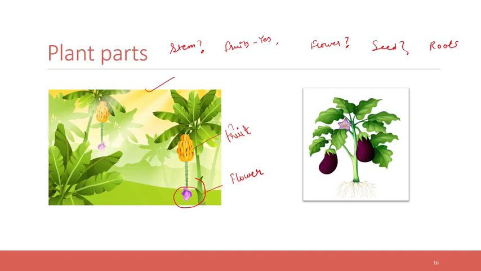You can also eat the stem of the banana plant. So, we can eat more than one part of some plants. We can eat the fruit, the flower, and the stem of the banana plant.